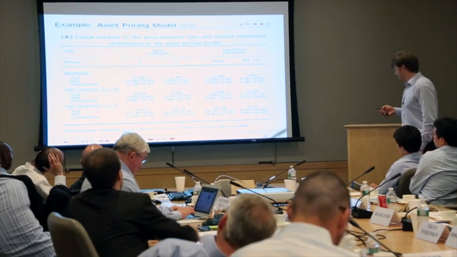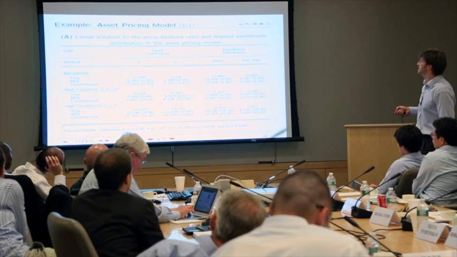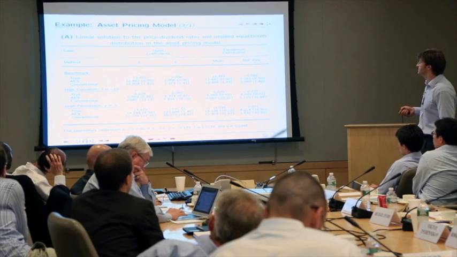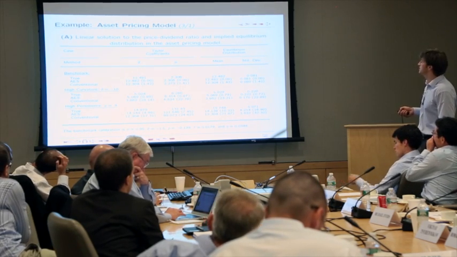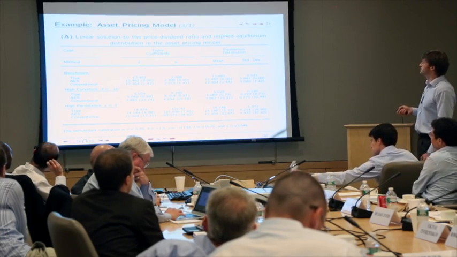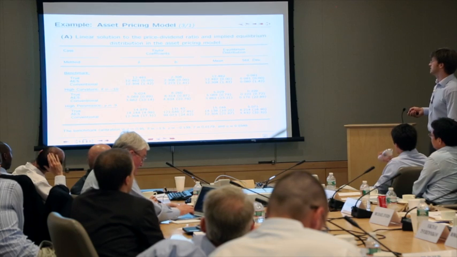Okay, so A. What you see here are the Taylor coefficients. This is the steady state for the dividend growth process, the price-dividend ratio, and this is the first order coefficient on changes of the price-dividend ratio when the growth rate changes.